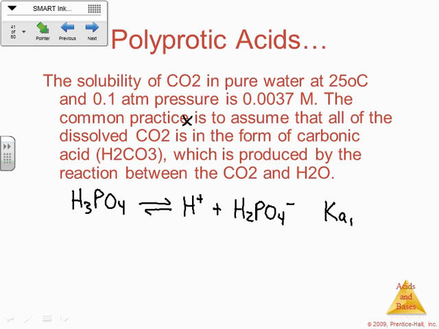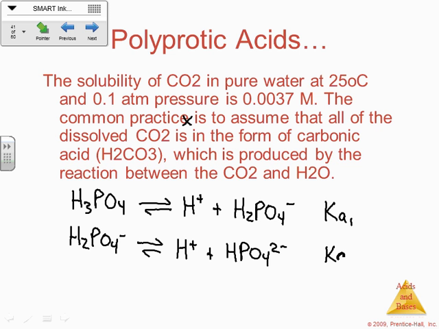And that's, you know, the majority of the hydrogen that comes off is going to be that first hydrogen. But then you've also got H2PO4 minus now, and that one could also give off an additional H plus, and form HPO4 2 minus. That would be our Ka2. All right?